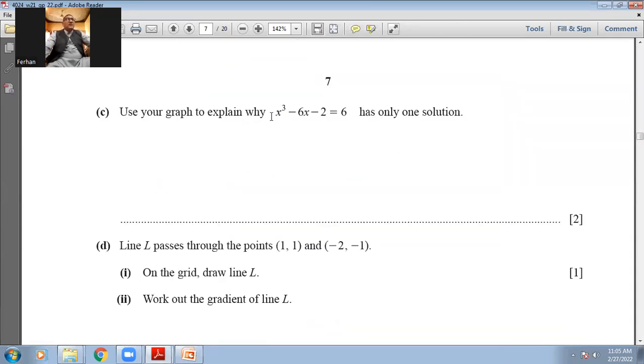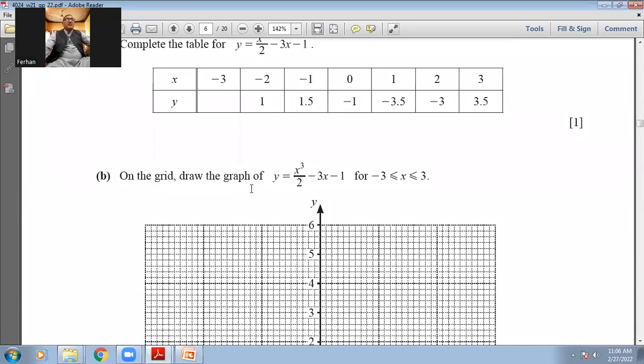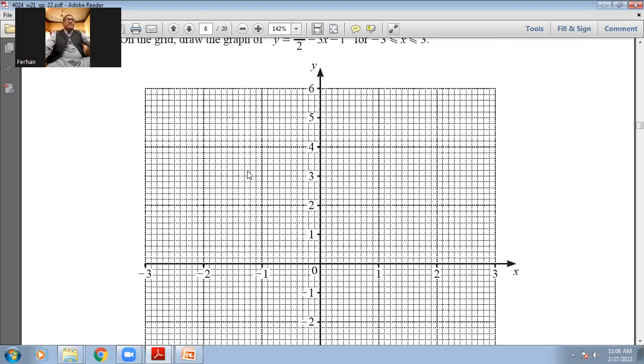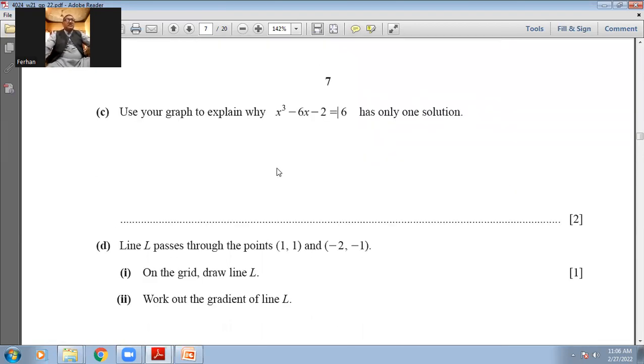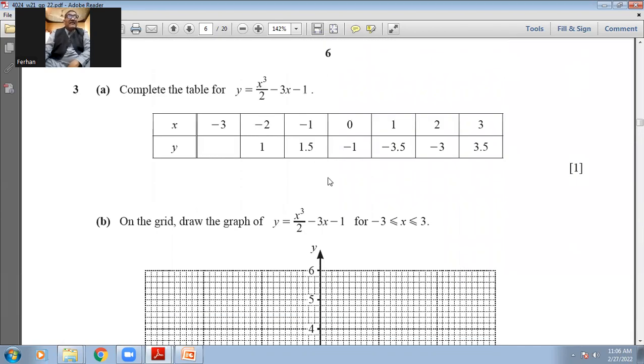Then, use your graph to explain why x cubed minus 3x minus 2 equals 6 has only one solution. See, the technique is very simple. Here an equation is given and I want to find out how many solutions it has. On the left side I will make the equation of the main graph.